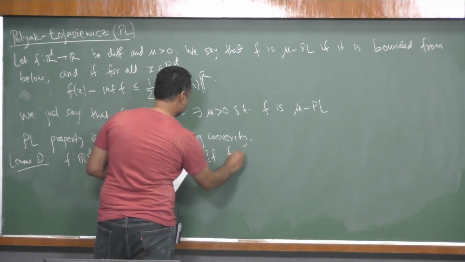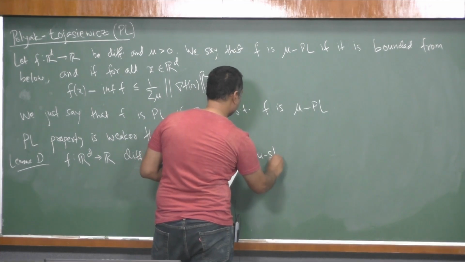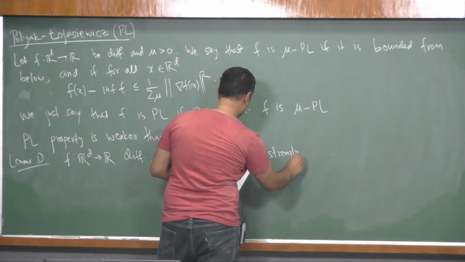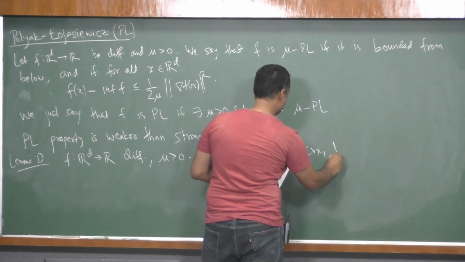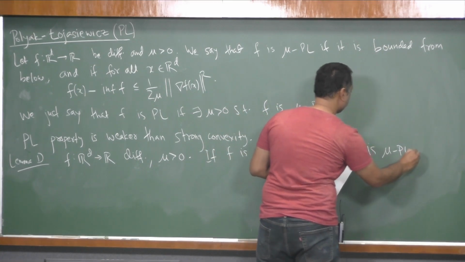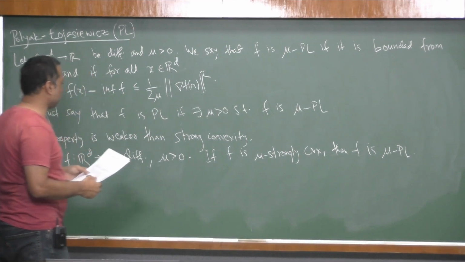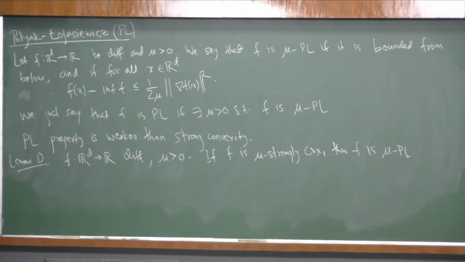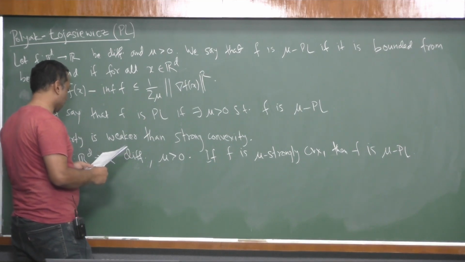If f is mu strongly convex, then f is mu PL. Basically this proof should work. Strongly convex necessarily implies mu PL. So let us see that.